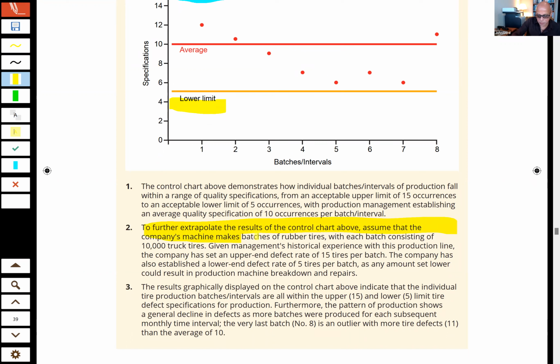Assume the company's machine makes batches of tires consisting of 10,000 truck tires per batch. Given management's historical experience with the production line, the company has set an upper limit of 15 tires per batch. The company also established a lower end rate of 5, as any amount set lower could result in machine breakdowns and repairs, whatever. We're just trying to not get too perfect there, right?